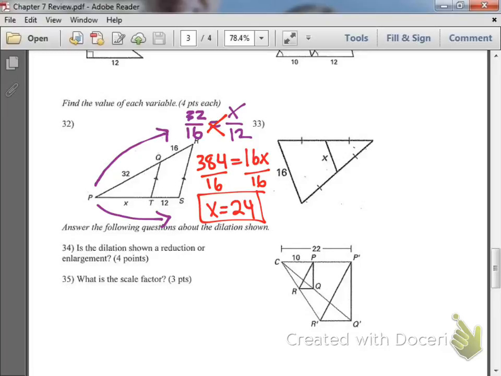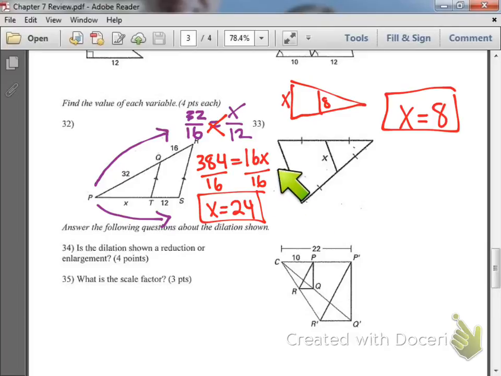Good. Now, be aware, I could give it to you in reverse. Tomorrow I could give you a triangle and have the 8 labeled and ask you for the bigger one, okay? In which case you just multiply it by 2. So you need to be able to go back and forth. This one is always twice as long as this one. So if I give you the bigger one, you divide by 2. If I give you the littler one, you multiply by 2. Questions?